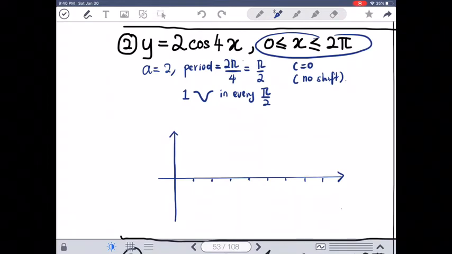So this is 2 pi, 3 pi over 2, pi over 2.